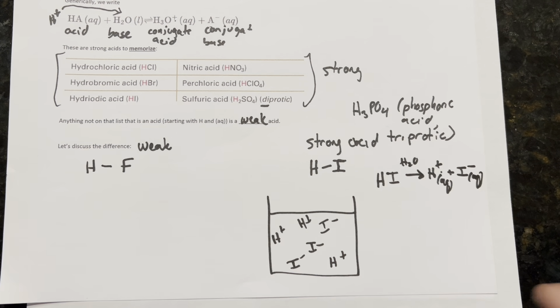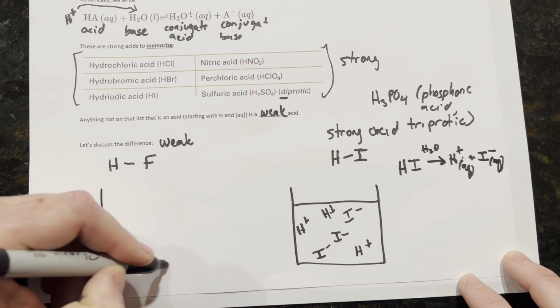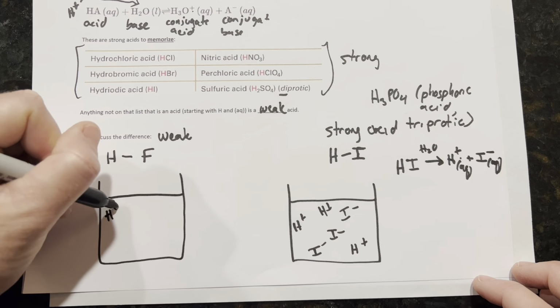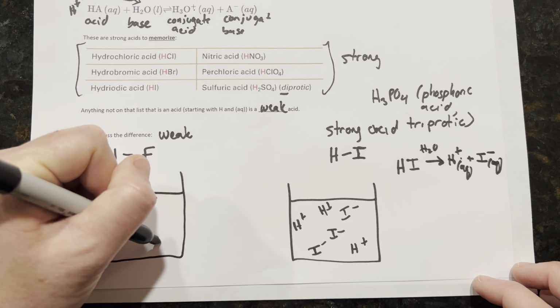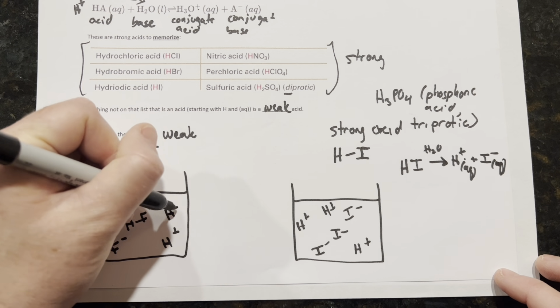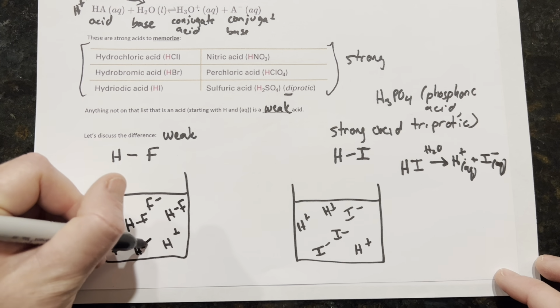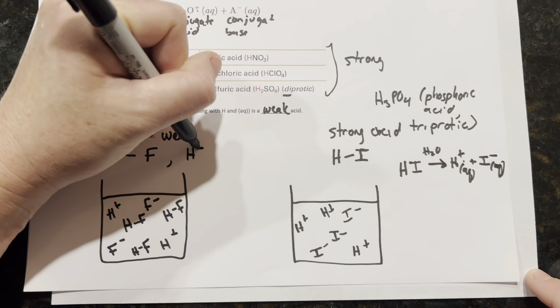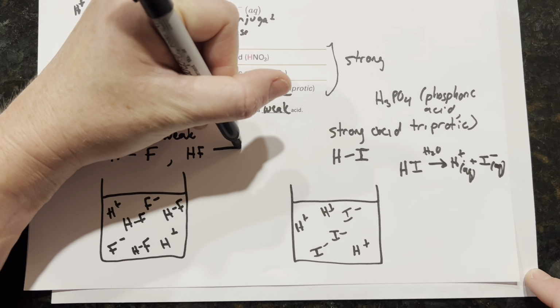All right, but let's go over here to this weak acid. If you were to take some hydrofluoric acid and throw it into water, it would break apart also into H plus and F minus, with one caveat: a lot of these will still stick together and not break apart. In other words, they won't dissociate or ionize. So another way we write that is HF with the two-way arrow.